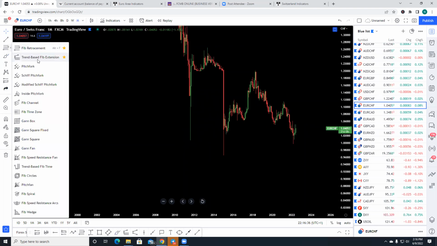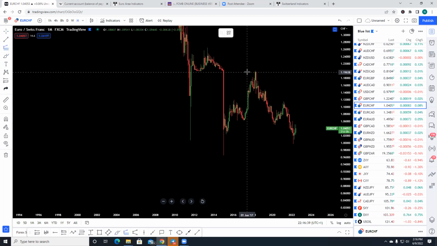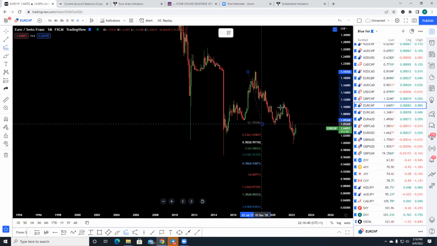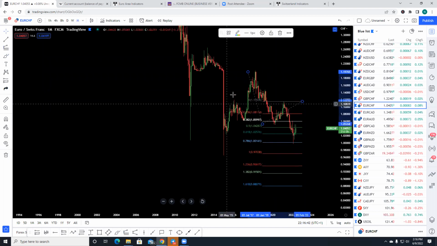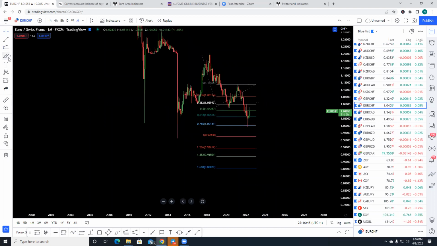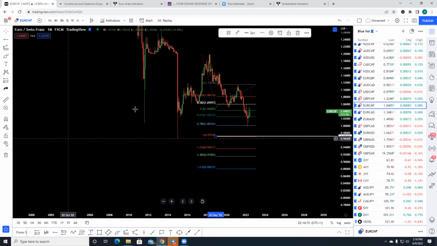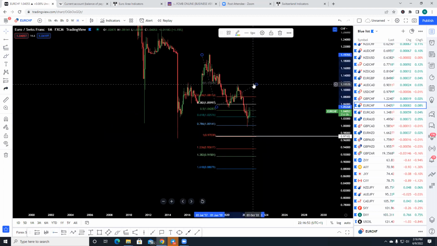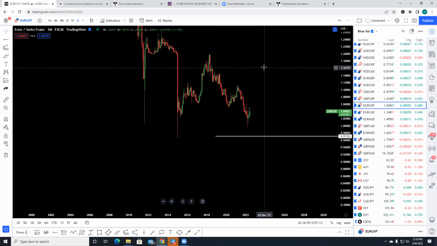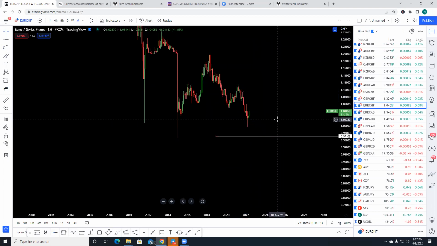Go to trend-based Fib extension, guys. Drop it here, drop it back to the end of the correction. Target the level that is 100% Fib extension. Where is it? This place. Boom. Guys, this is where I want you, CHF, to come back to in the near future.